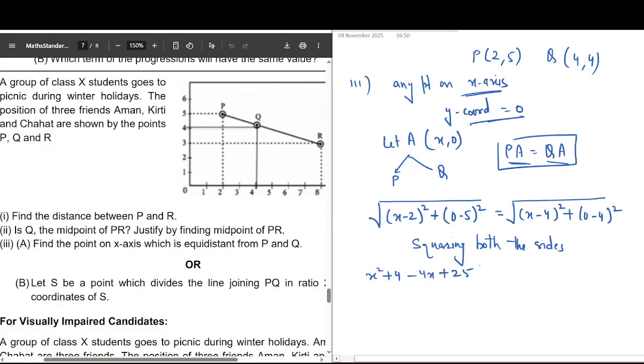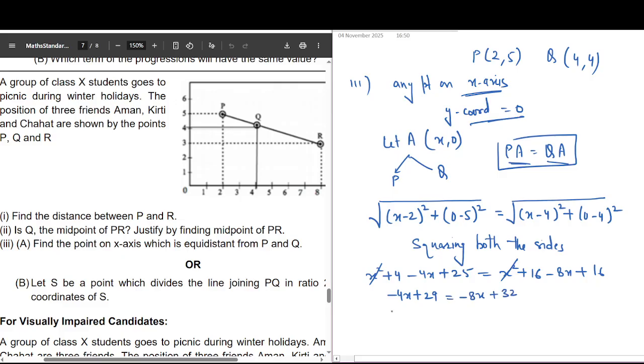This is equal to (x minus 4) whole square, that is x square plus 16 minus 8x, plus (minus 4) whole square is again 16. Now this x square and this x square we can cancel. So we have minus 4x plus 29 equals minus 8x plus 32.